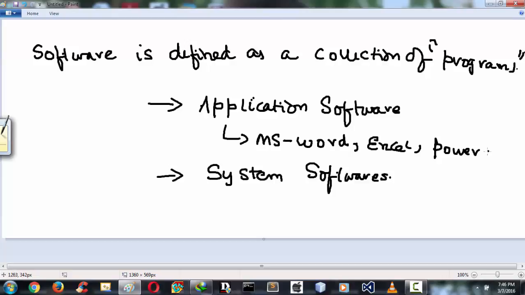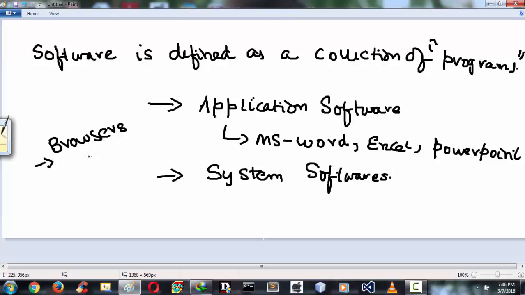All these come under application software. There are many other examples, not only Microsoft Word. You can take any web browser, like Chrome and Firefox. Browsers are also called application software, which serve the purpose of web browsing.